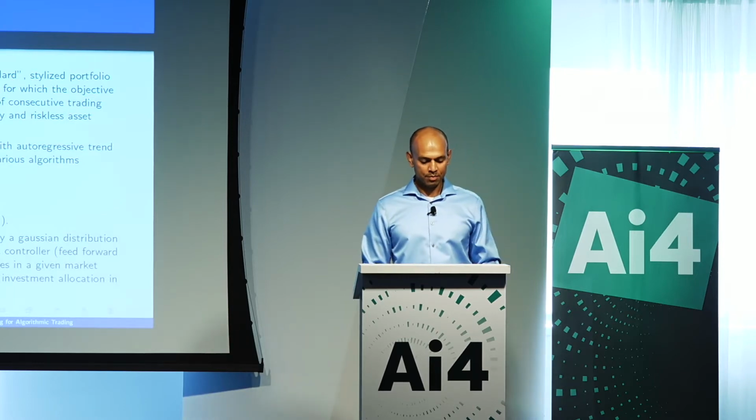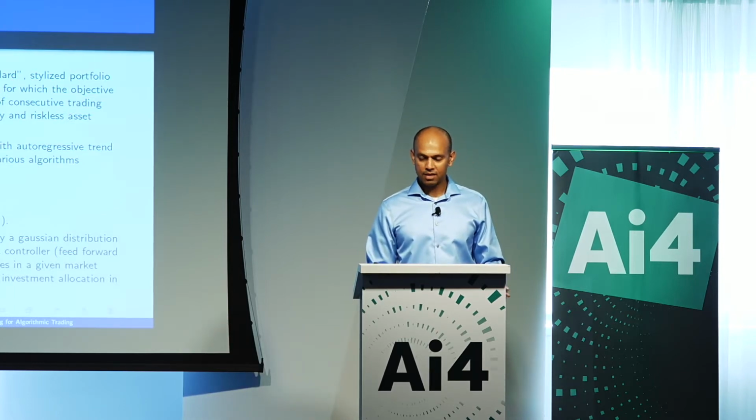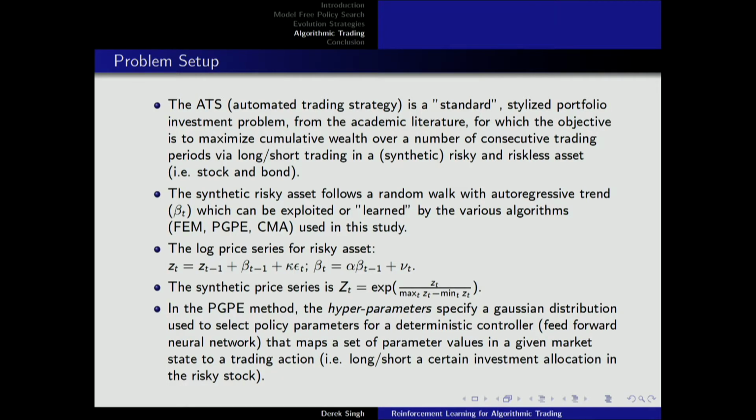Anyway, in this problem, there's a synthetic risky asset. It follows a random walk. It has an autoregressive trend, beta t. And as I said, that's what allows you to game the system or increase performance or returns beyond what you might normally do in the market. And so this follows a pretty simple series, as you can see here, this equation for z t, with autoregressive error 1.